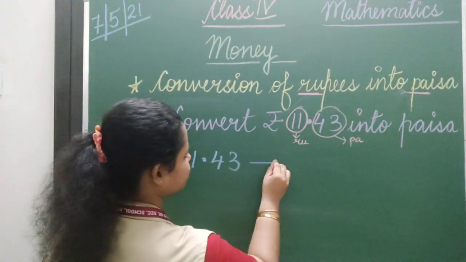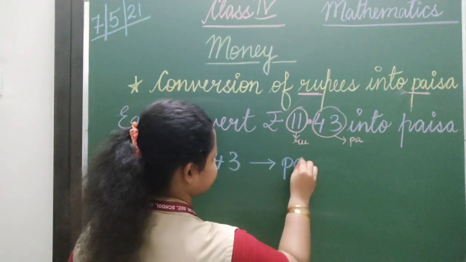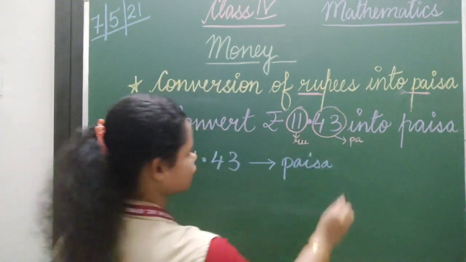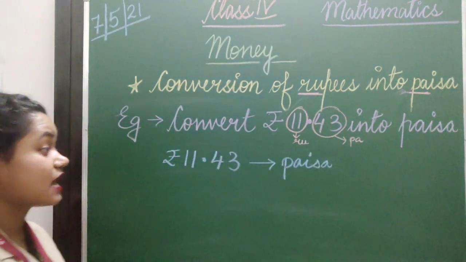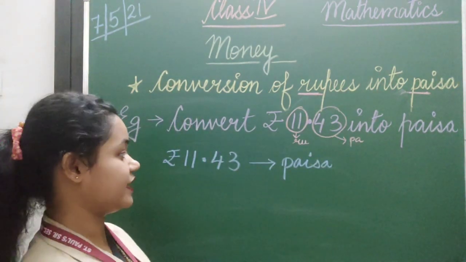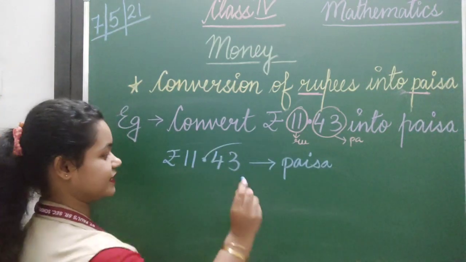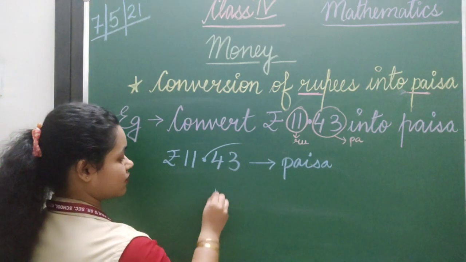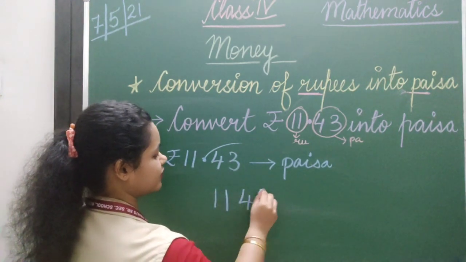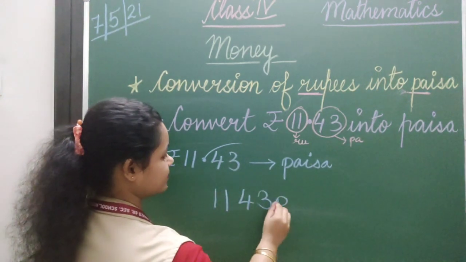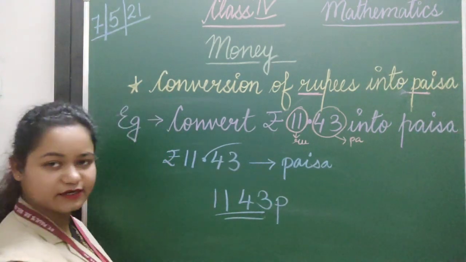We have to convert this into paisa. Yes or no? Now what you need to do is you just need to remove this point and write 1143 paisa. That is your answer.